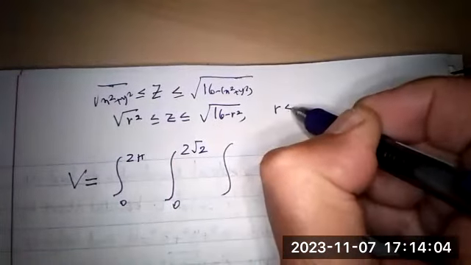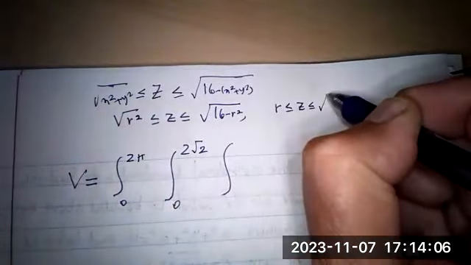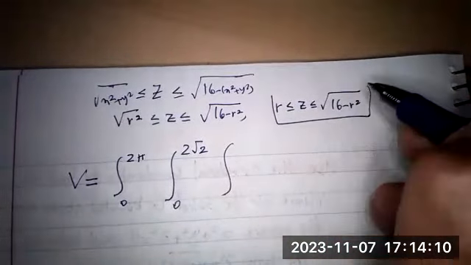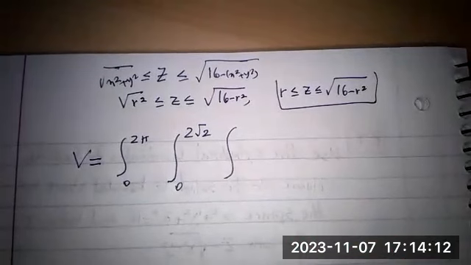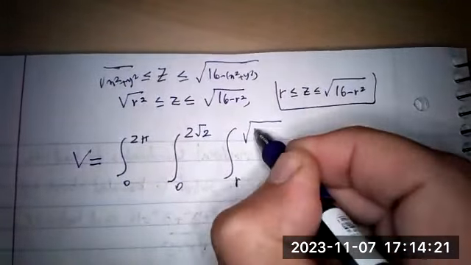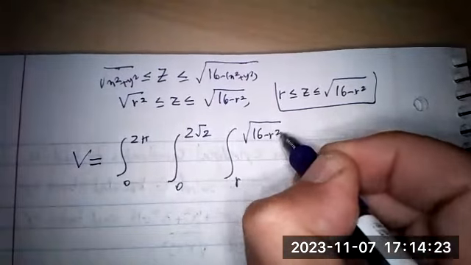So your z is between r and radical 16 minus r squared. This is going to be the range of the z, as we did for the other ones. So now we're taking z from r to the square root of 16 minus r squared.